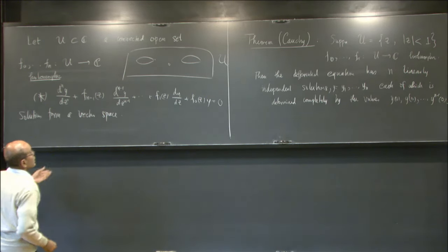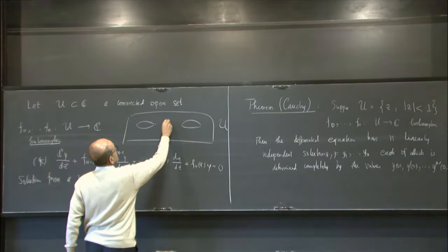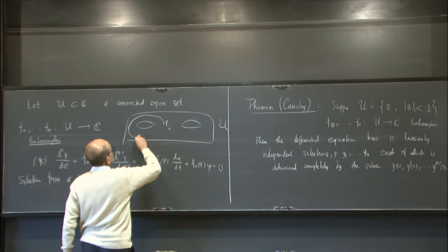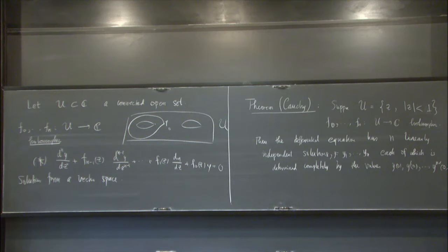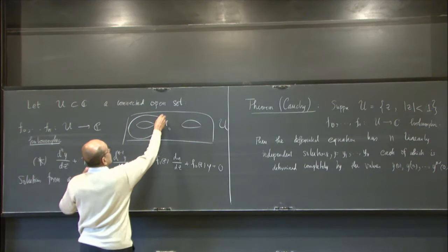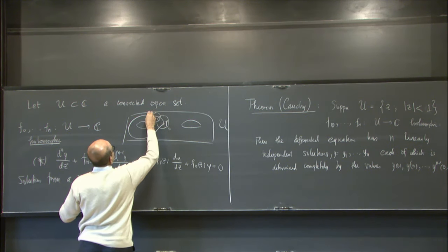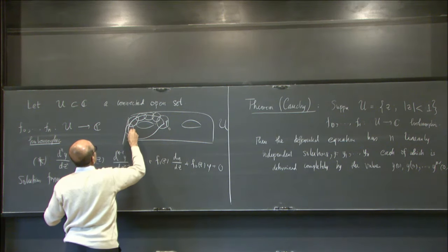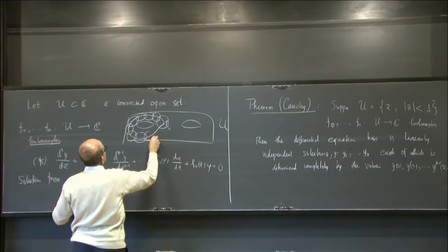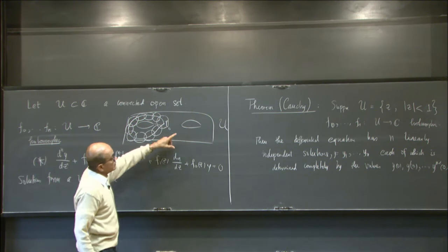So now coming back to this general equation, I fix a point, let's say P, and move around this. Then you can cover this loop by small disks like this. On each of these disks, I can solve this differential equation.